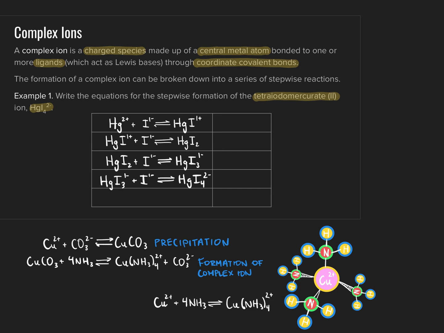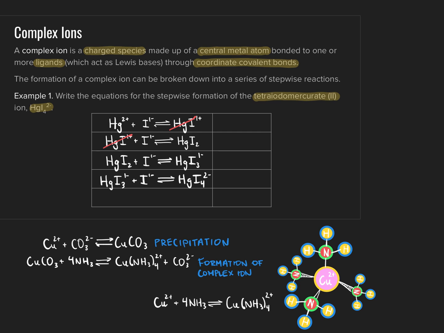Now, recognize here, folks, that in this sequence of steps, the overall reaction is really the sum of the individual steps themselves. So if we look at the first two reactions, notice that the species HgI+ is a product of the first stepwise reaction and then is consumed in the second reaction, that is to say, it is an intermediate species. So I'm going to go ahead and cancel out that intermediate species as I add these reactions together.